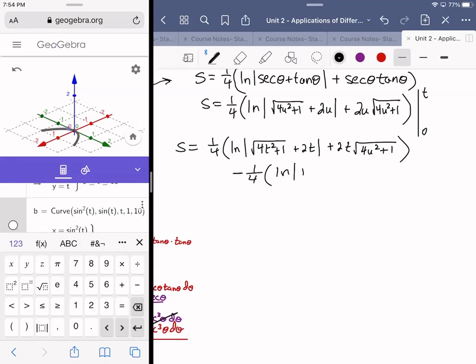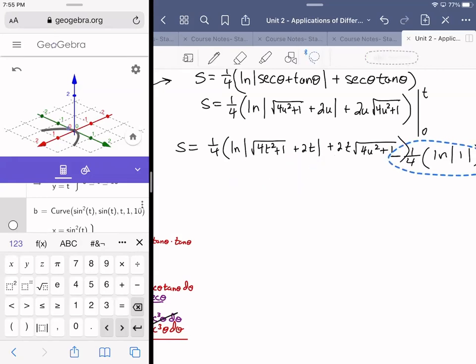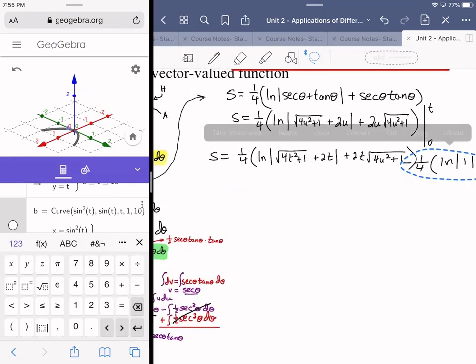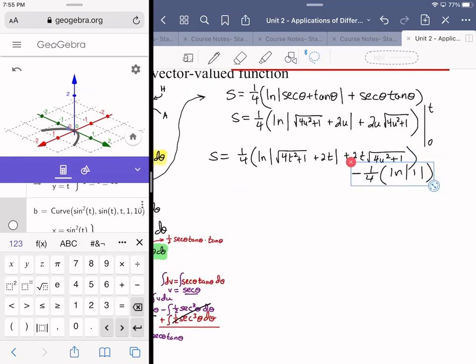Natural log of 1 is equal to 0. Everything else zeroes out. So this would be a meaningful part of the expression, and I'd want to keep that in there, but it is going to cancel out anyway, because the natural log of 1 is equal to 0.